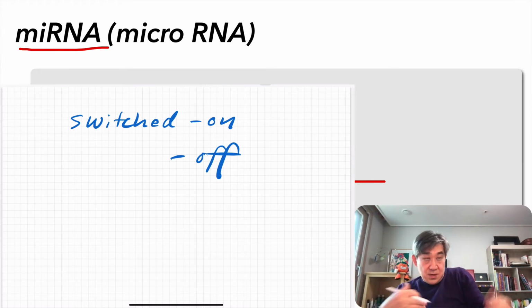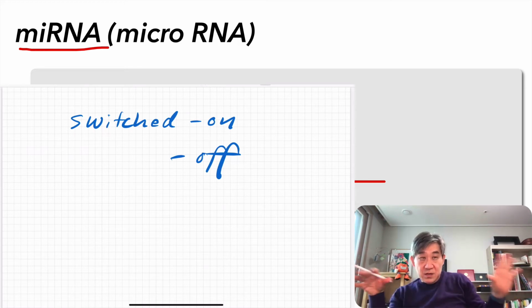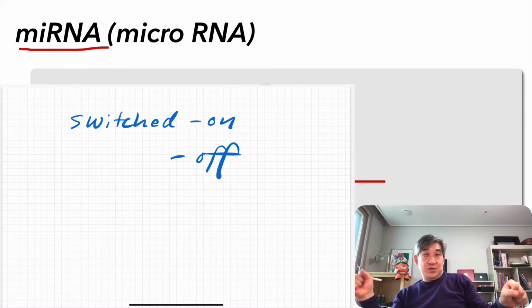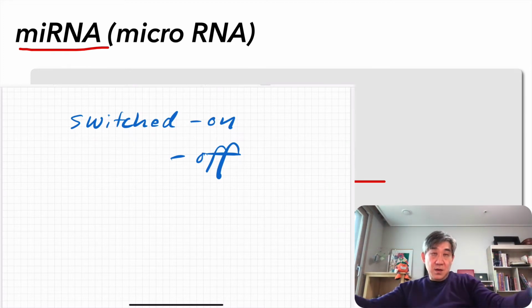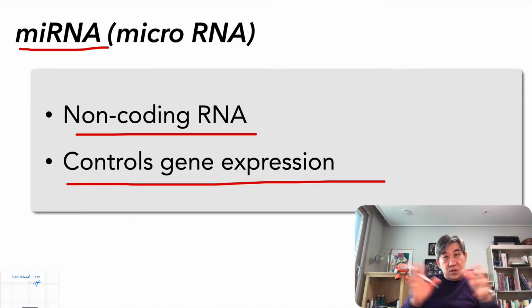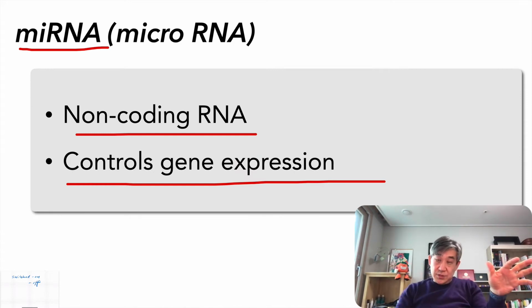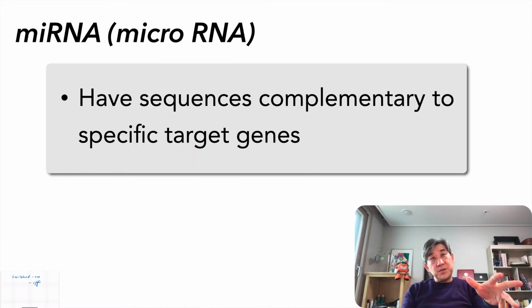So cells utilize this microRNA very heavily in many different types of gene expression control. But microRNA is not the only one engaged in this control. There are many different protein factors also involved in particular gene expression. It's a very complicated business.